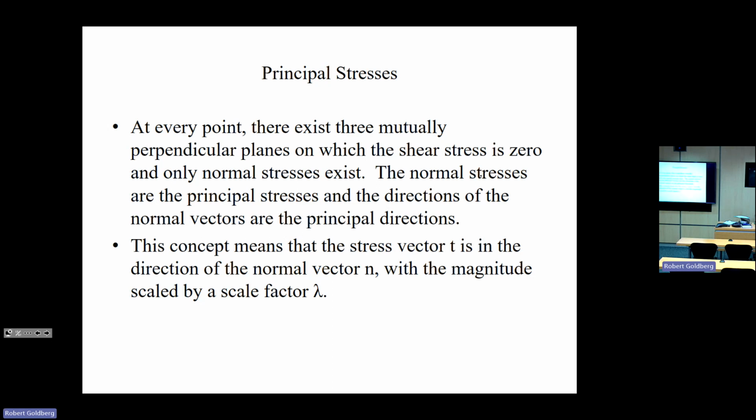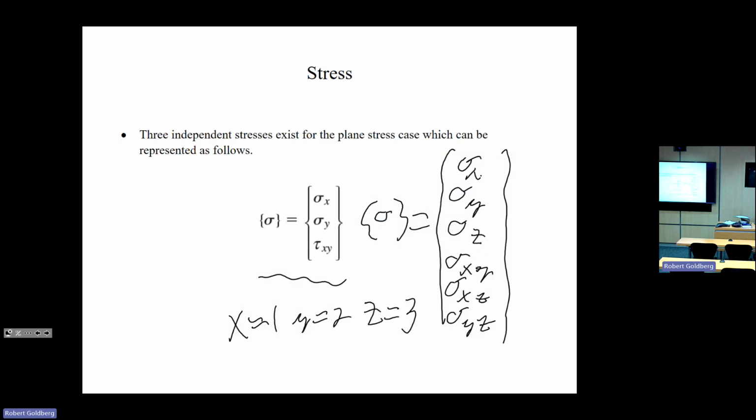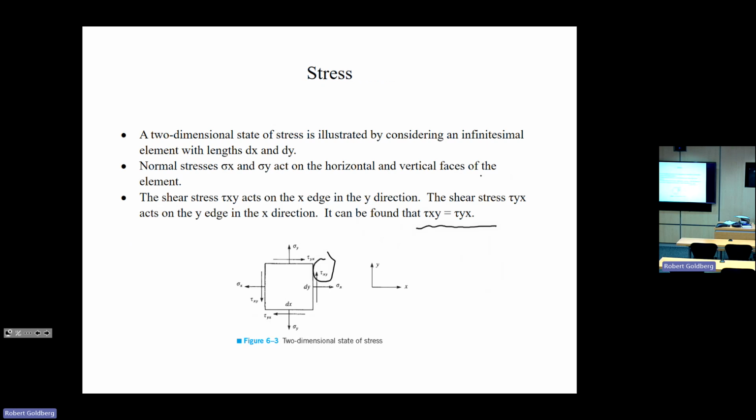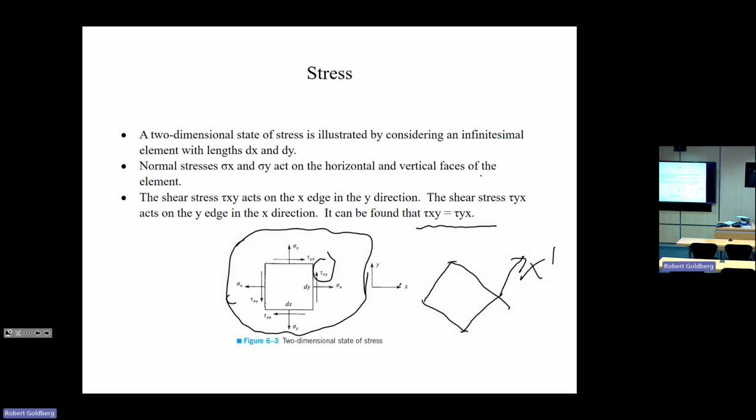And the idea of principal stresses, and I'll do a cartoon of this in a moment, which will hopefully help to explain it, is that looking at this two-dimensional case, we can take this cube here and rotate it over some angle in reference to this modified coordinate axis system, we'll call it x prime and y prime, such that all we have is normal stresses. We don't have shear stresses.